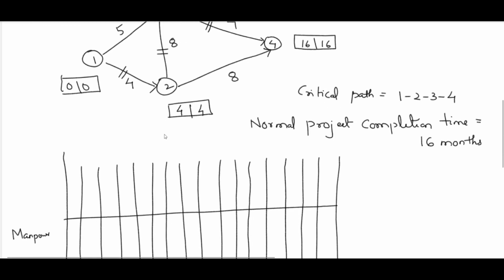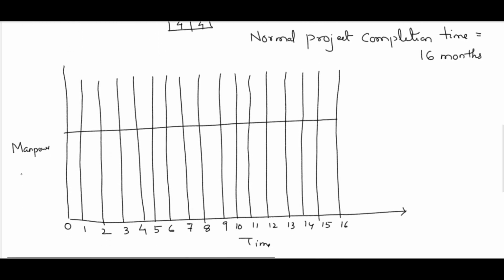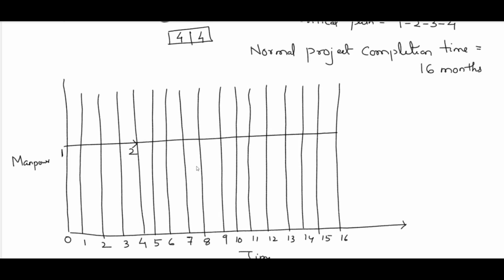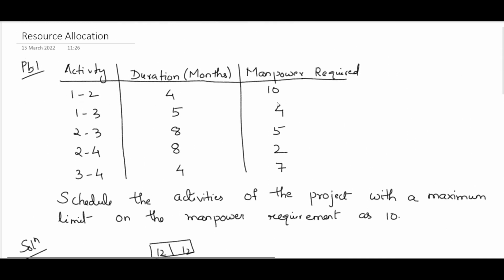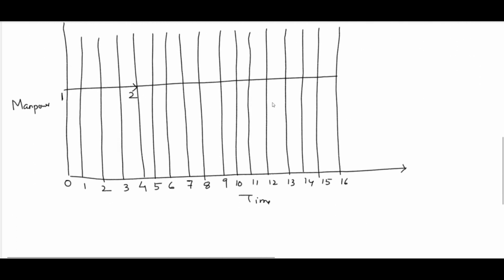The duration of 1, 2 is 4, so that means from 0 to 4 is our critical activity 1, 2. And how much manpower does it consume? 1, 2 consumes 10 manpower. So I am writing 10 above the 1, 2 arrow as manpower.